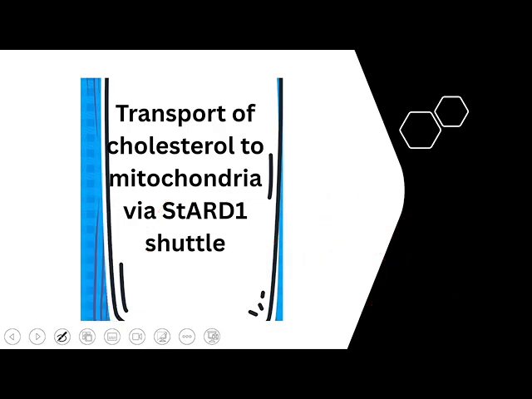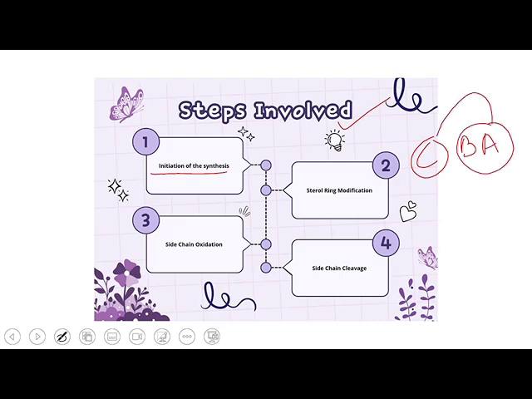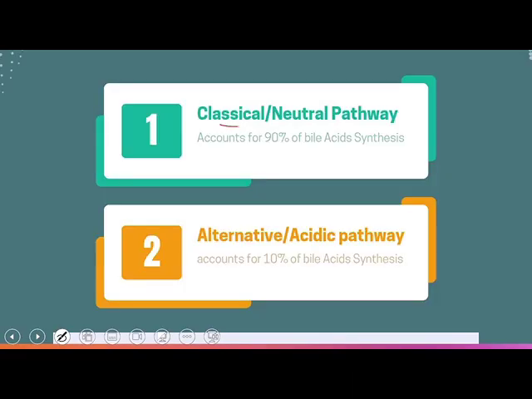So next we see the steps involved in the bile acid synthesis. First step is initiation of the synthesis. As we previously discussed, cholesterol is the precursor of the bile acids, and these bile acids are mainly synthesized from the cholesterol. Then what in the initiation stage leads to the two pathways, that is one classical pathway, next alternative pathway?